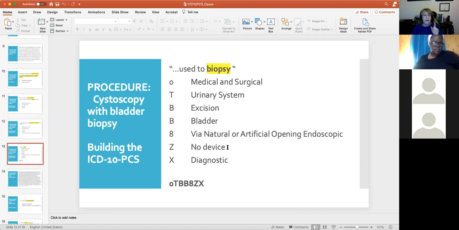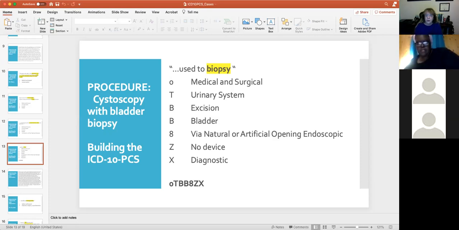All right. Now, as I was reading this, I think there's a mistake here. You know that because a biopsy is done for purposes of accurate diagnosis, right? So then you know that the 7th character is going to be diagnostic.